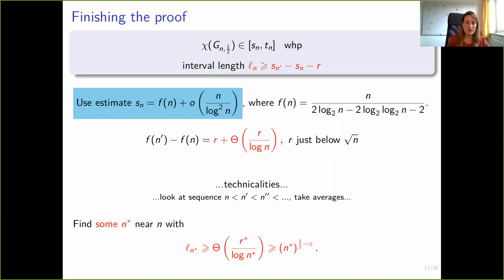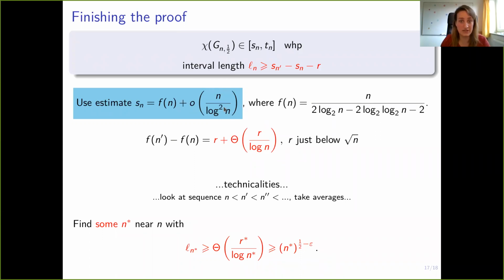What makes this work in the end is to look at a sequence. You repeat this argument for a sequence of values, n prime, n double prime, and so on. You add these up and take averages, basically. If you take enough of these values, then in the end, the sum of these lower bounds actually beats the error term.